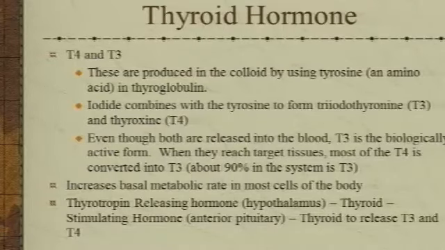So this is going to increase metabolism. It's going to increase anything you could think of: heart rate, blood pressure, increased use of glucose. The hypothalamus is going to release that thyrotropin releasing hormone, goes to the anterior pituitary, TSH is released, and I think we've got the rest of that. Okay, does that make sense?